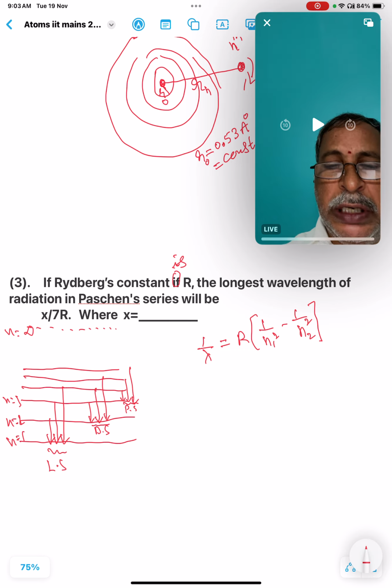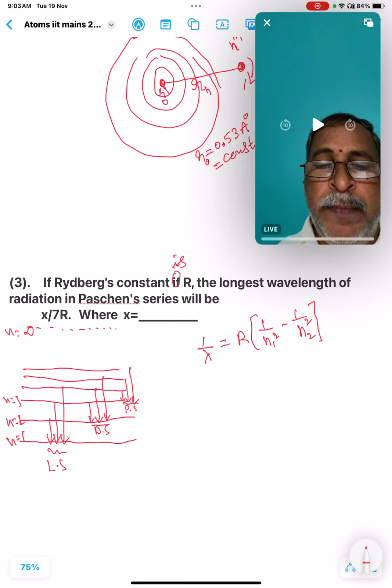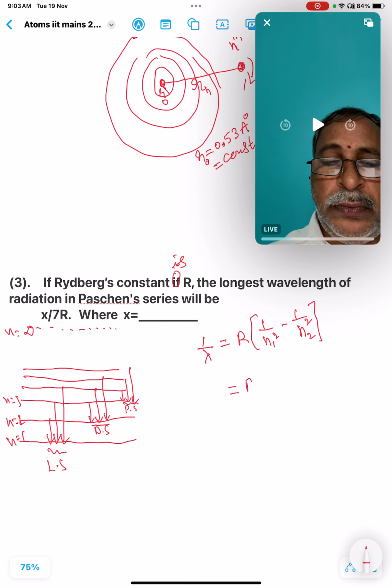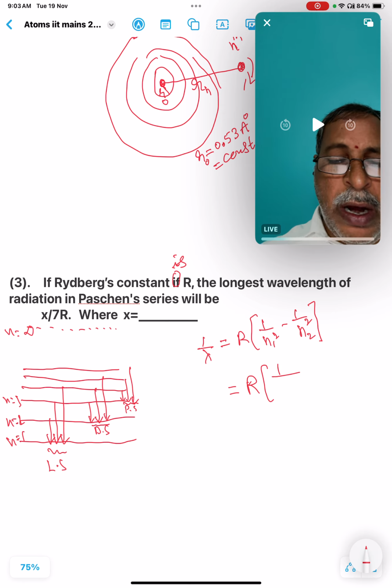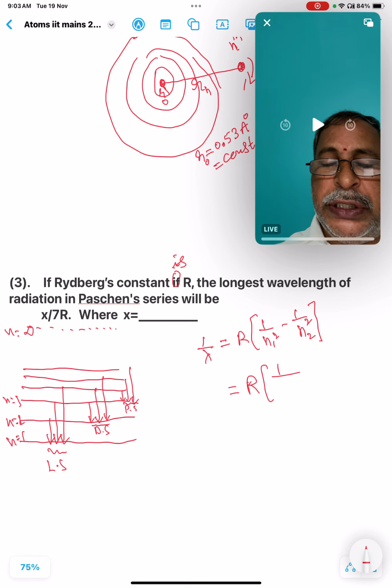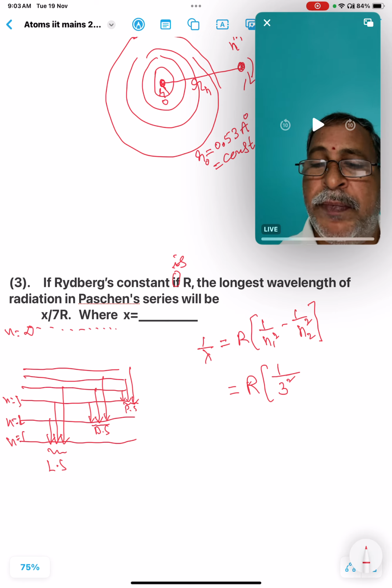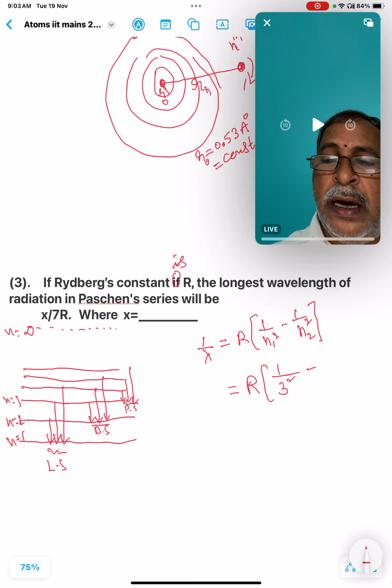So what am I writing here? Capital R into 1 by 3 square, minus 1 by n2 square. Longest we want.